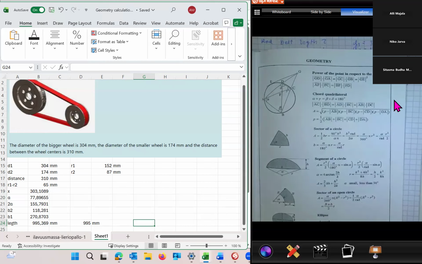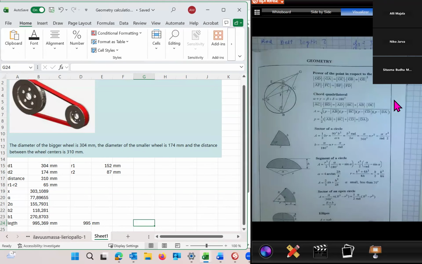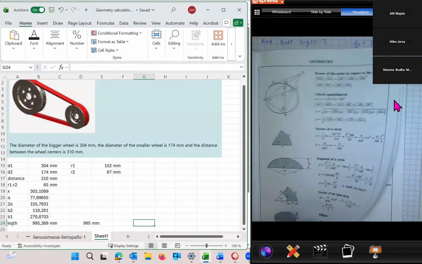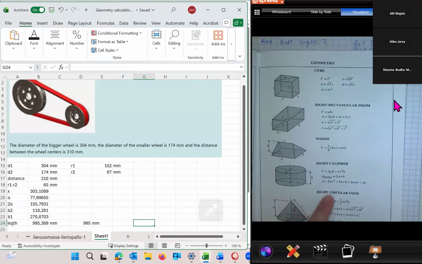This is something that you need also when you make the sector to cone. In one exercise, you bend this kind of a circle into a cone.